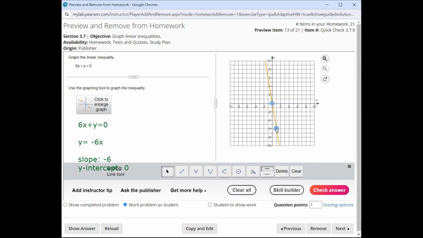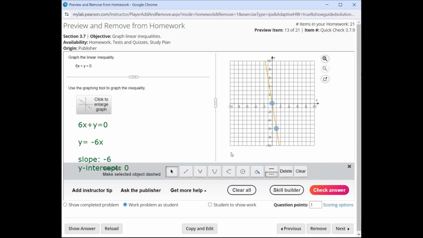Now let's decide whether to draw a solid line or a dashed line. Since this is a strict inequality, we draw a dashed line. So I change the line by clicking this dashed and check if it changed to a dashed line. Yes.